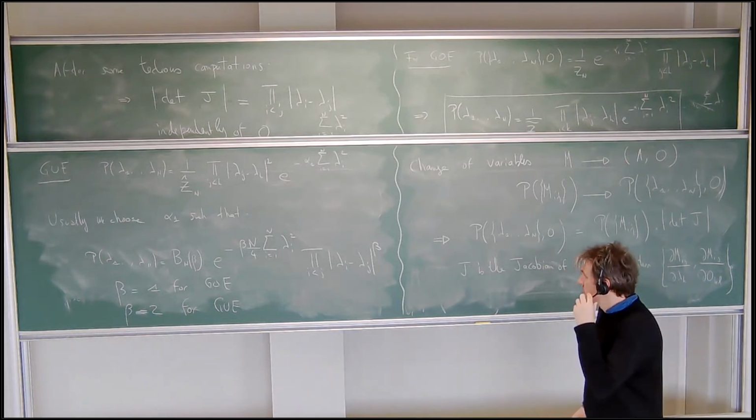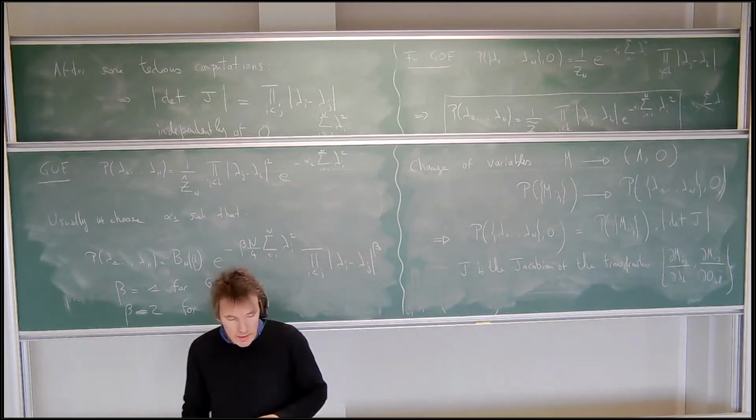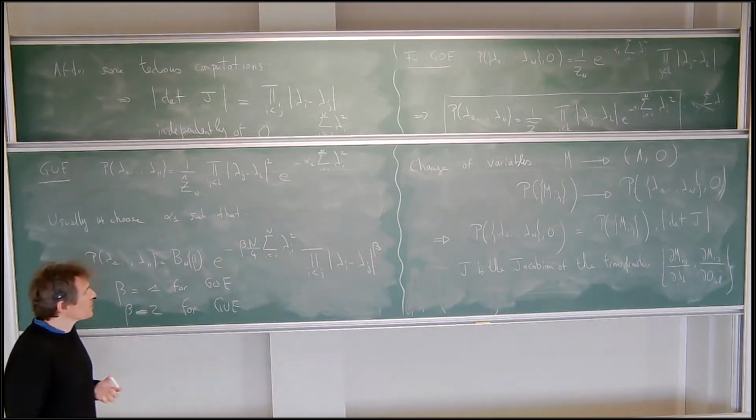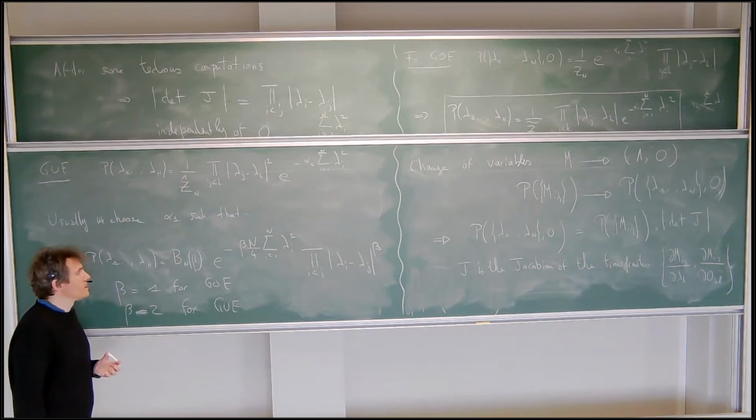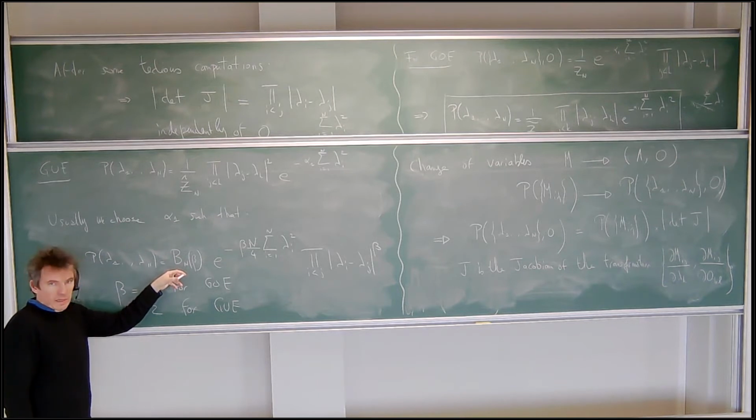Okay. So at the moment, things are pretty much mathematical, I would say. Now, it turns out that this probability weight here has a very nice interpretation in terms of statistical mechanics.